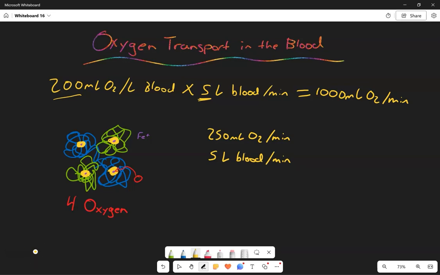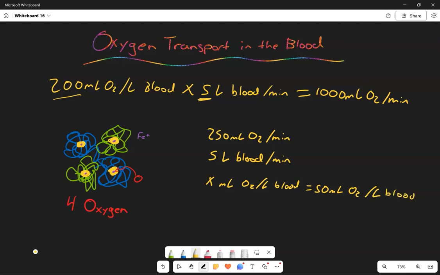So based off of that, how much would the concentration of oxygen need to be per liter of blood? Based off of that, you would need a concentration of 50 milliliters of oxygen per liter of blood, right?